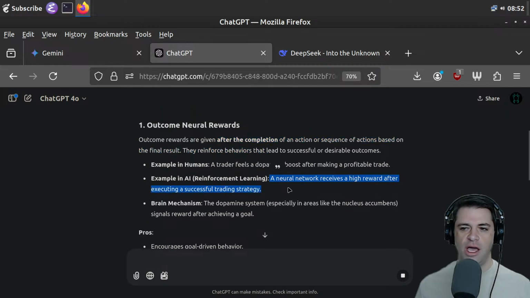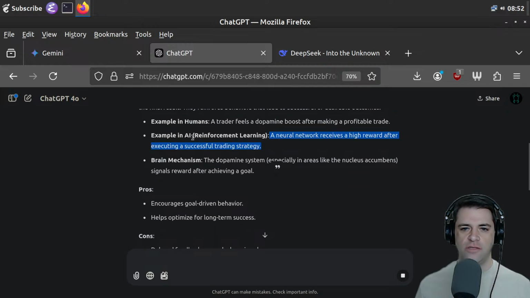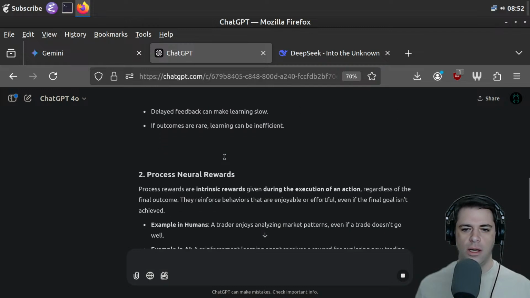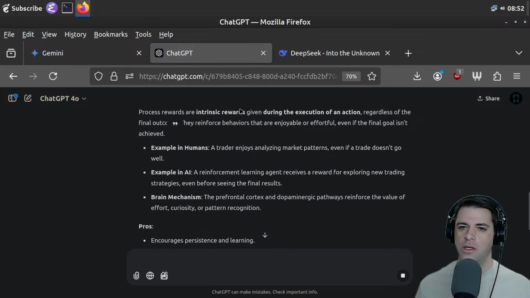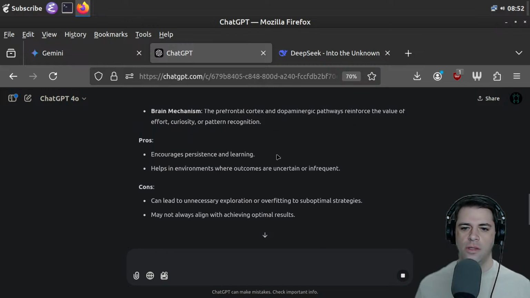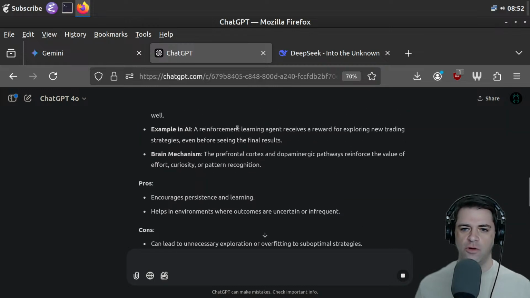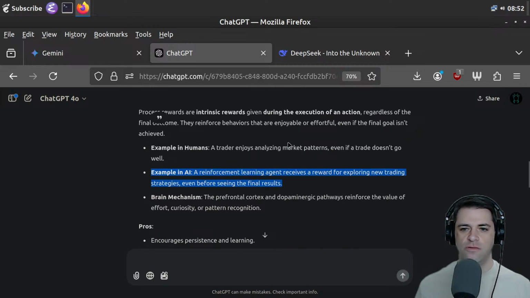For example, it receives a high reward after executing a successful trading strategy in reinforcement learning. And then process rewards are intrinsic rewards given during the execution of an action. A reinforcement learning agent receives a reward for exploring new trading strategies even before seeing the final results, for example.